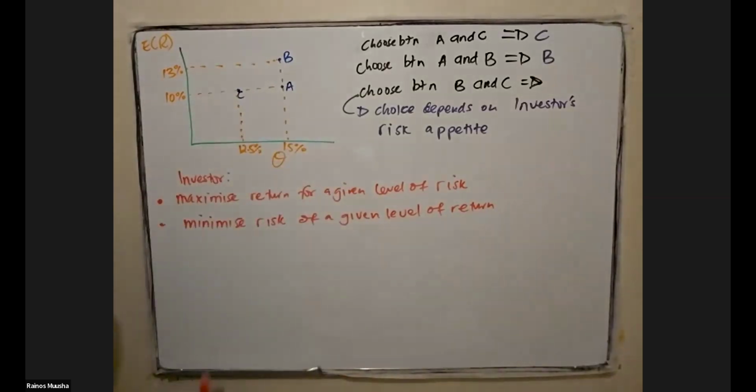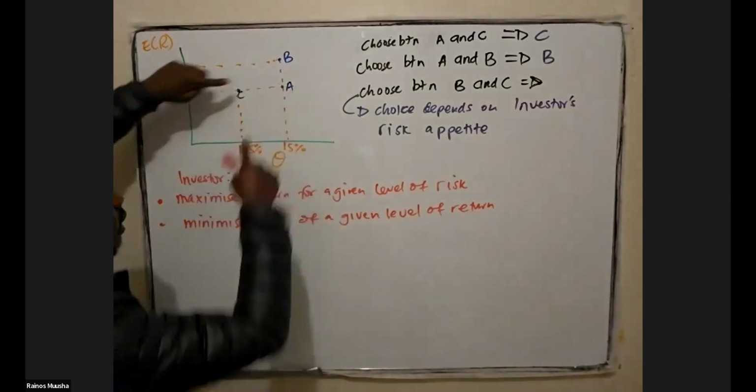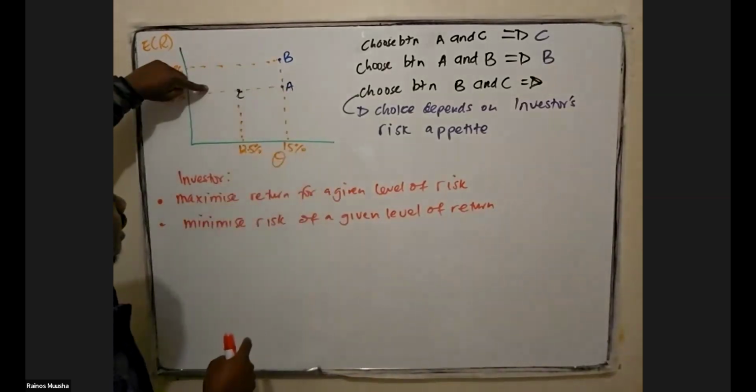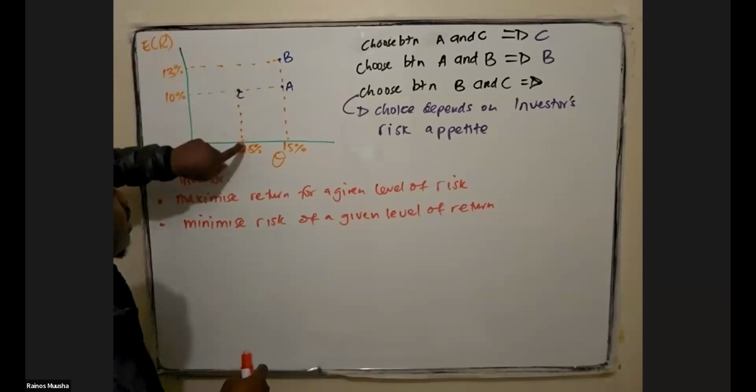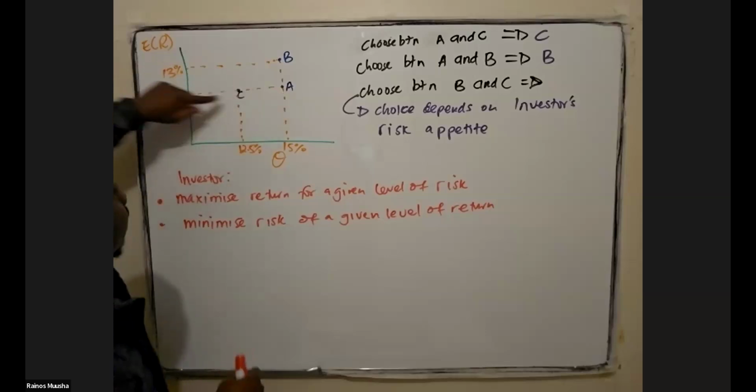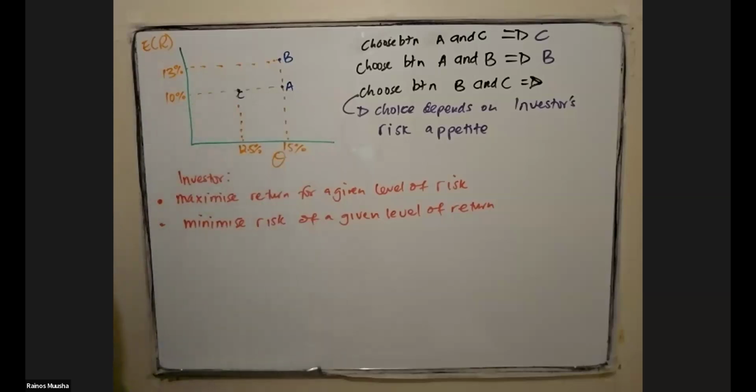So for a given level of return, you would expect the investor to minimize their risk exposure. And this is how, under normal circumstances, you're expecting a rational investor to make their investment decisions. Are we on the same page?